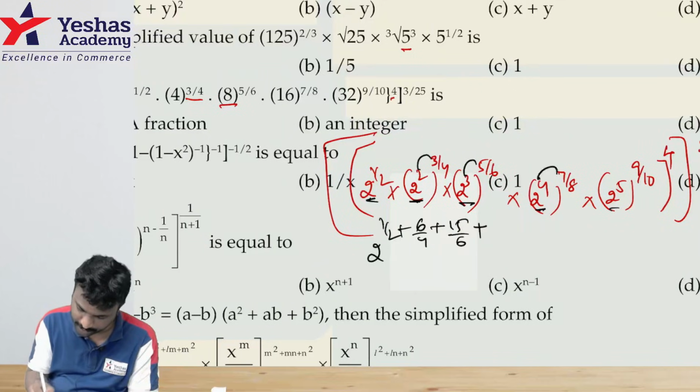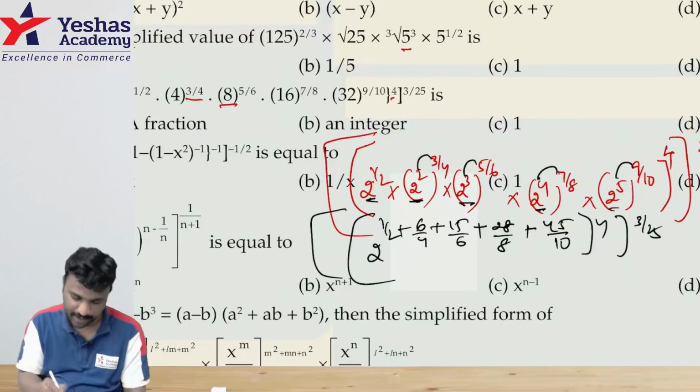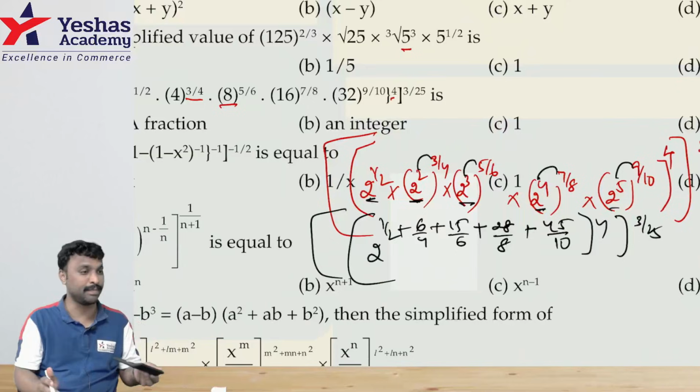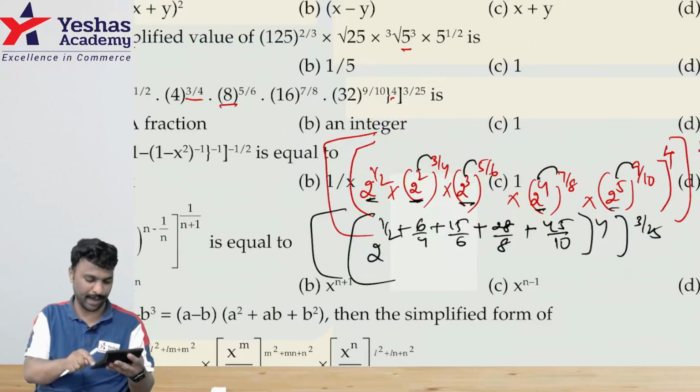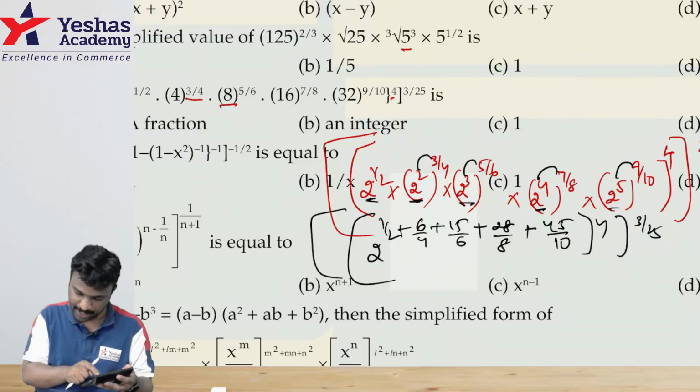Plus 4 7s are 28 by 8, plus 5 9s are 45 by 10, whole power 4 whole power 3 by 25. Guys, first of all, we'll solve these powers. 1 by 2 plus 6 by 4 plus 15 by 6 plus 28 by 8 plus 45 by 10.